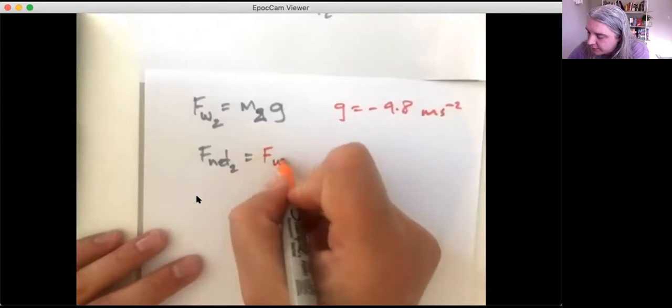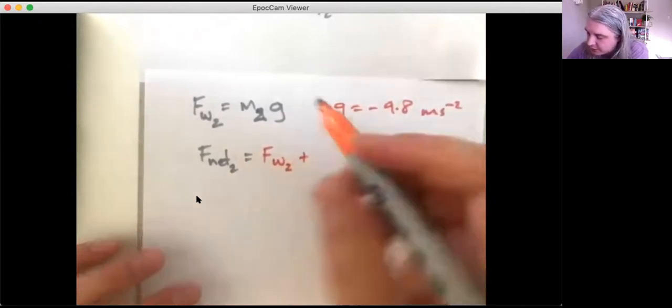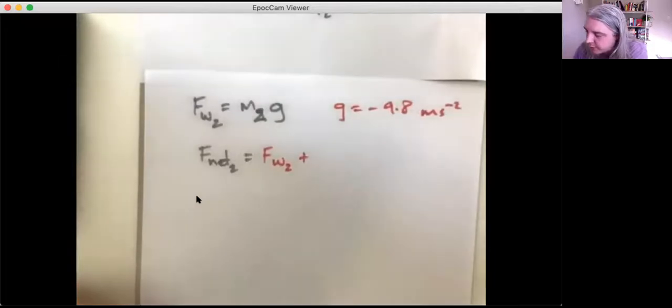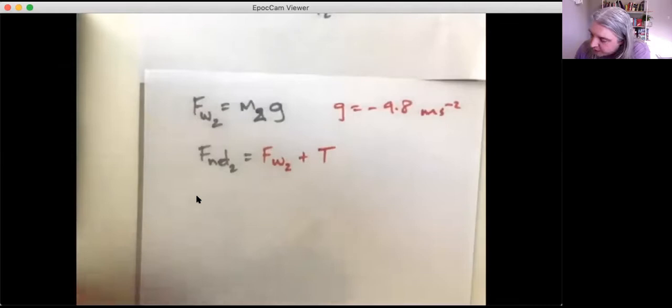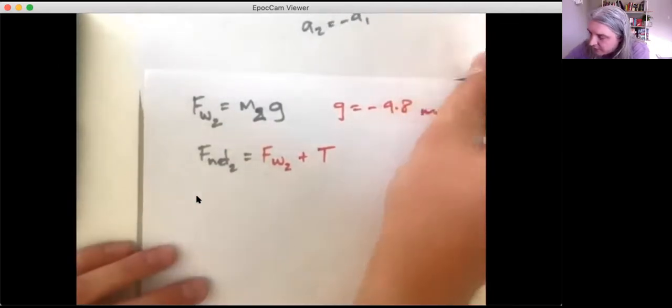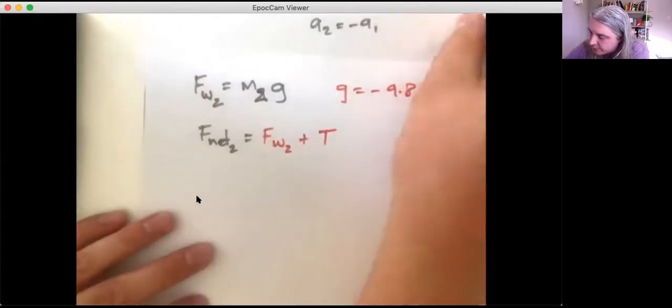F net 2, we don't know if it's going to be positive or negative, but we do know that it's going to be F weight 2 plus the tension force, because we're doing a one-dimensional frame of reference, so plus and minus will tell us the direction. Tension force in this case is upwards, right? So we've got a positive.